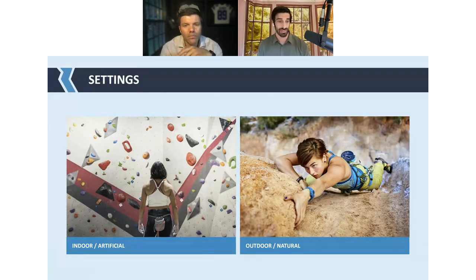Or if you're bouldering, you have to hike 20 minutes to get to the next boulder problem. There are some injury statistics coming out, and we're tending to see more and more injuries occurring pulling on plastic, which is your artificial or indoor climbing. So those are the different settings.